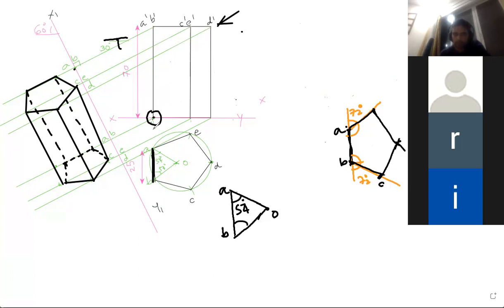So whatever distance is XY to A, same distance I need to cut from X1 to A. Same way XY to B, so X1 Y1 to B. Got it? This is how you will draw. This is C, this is D, and this is E. Same method down also. This is for the top portion. This is for the lower portion. Try and send it to me.